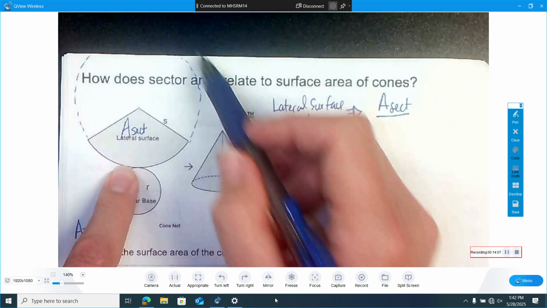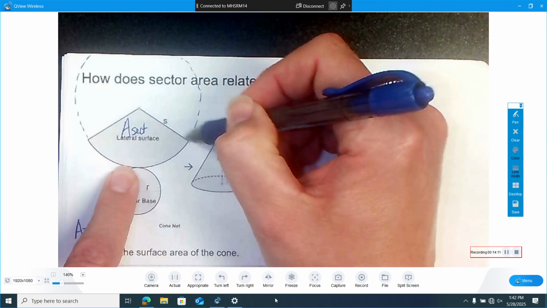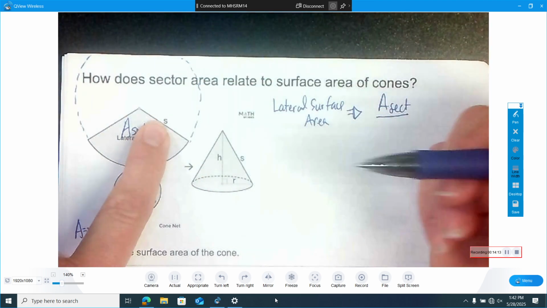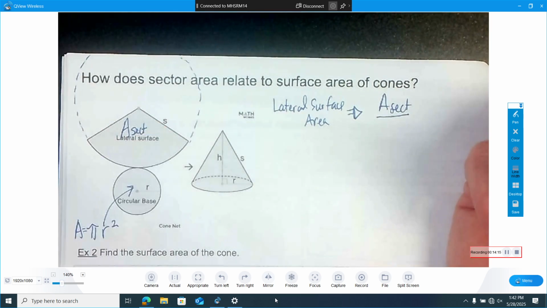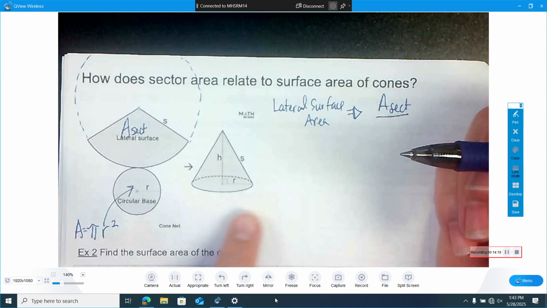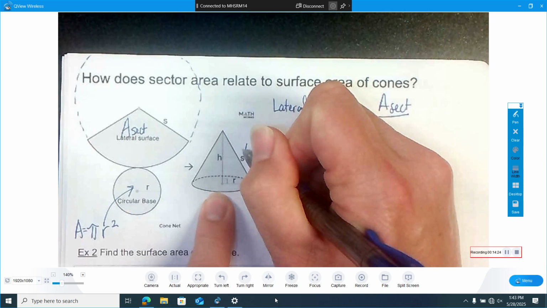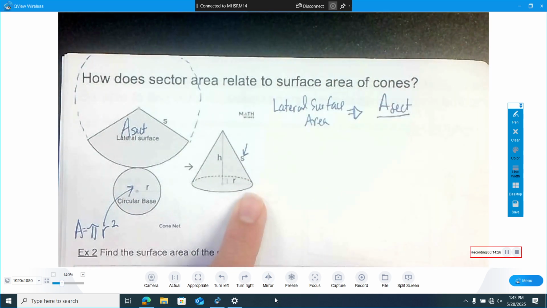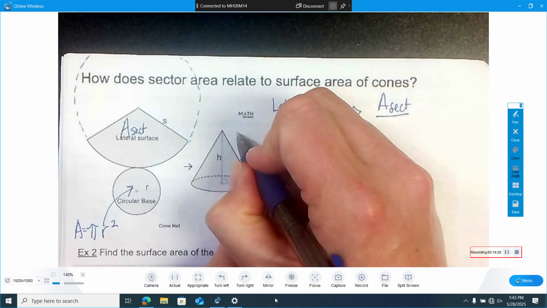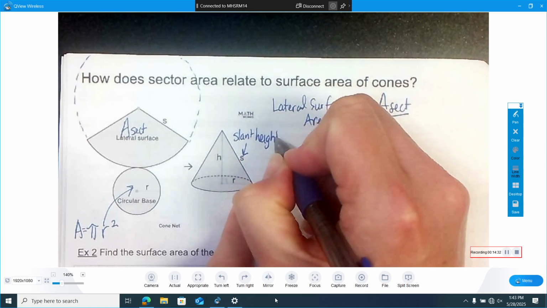Well, this much larger circle, you can see, has this radius s. What is s? The radius of the base? No. The height? No. It's this. What is that? It's like a hypotenuse. Yeah, this is the slant height of our cone.